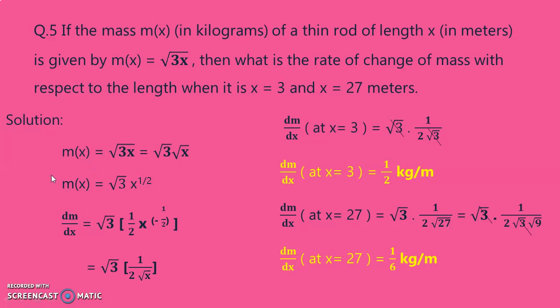You have been given your m of x, so you have to find your dm by dx by differentiating this m of x and then substitute the value of x as 3 in dm by dx as well as x is equal to 27 in dm by dx. That's all for this problem. And I hope you understand this problem.